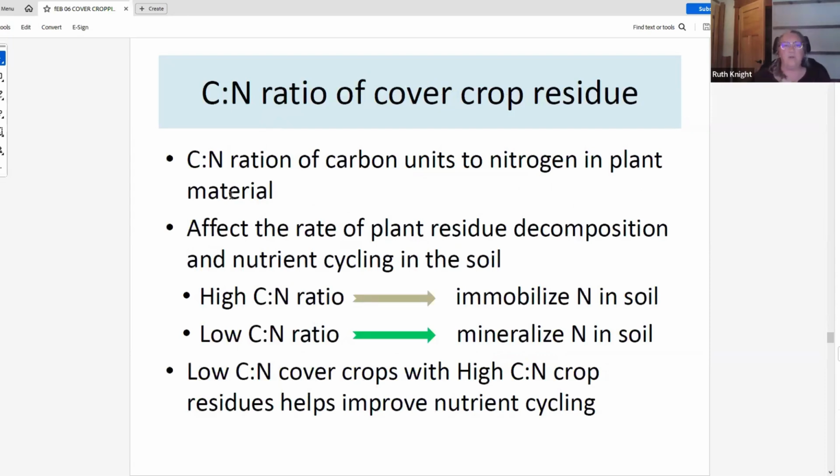C to N ratio, so that's the carbon units to nitrogen in the plant material. This can affect the plant residue decomposition and nutrient cycling in the soil.